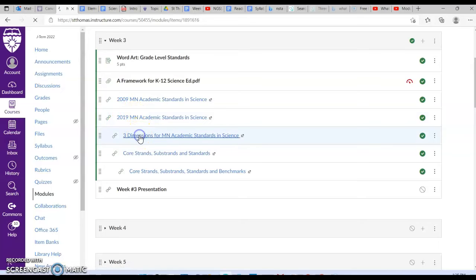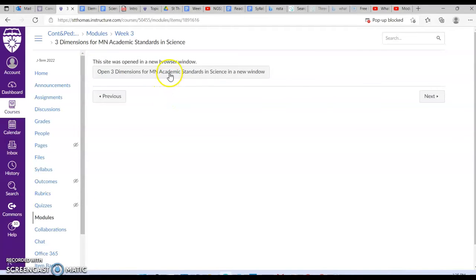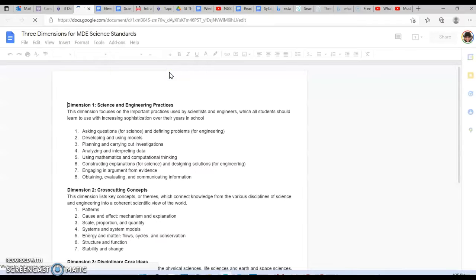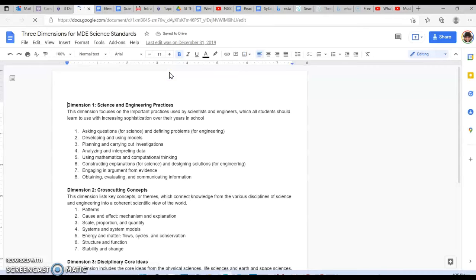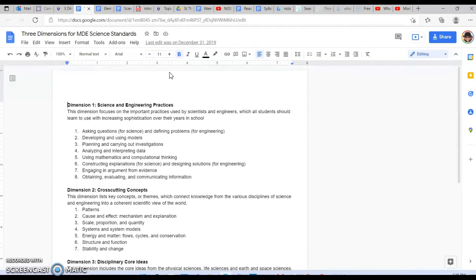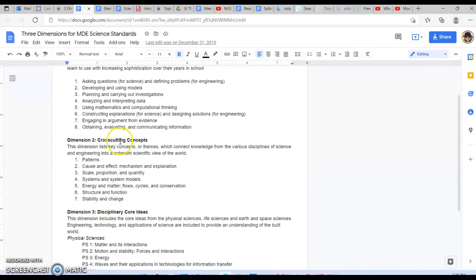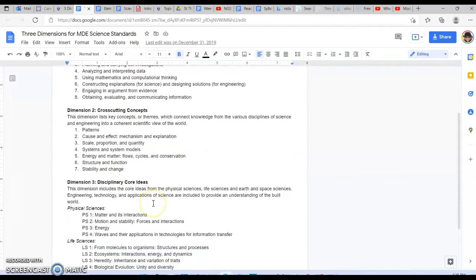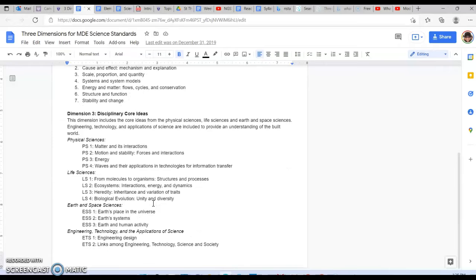This document that I haven't addressed yet is looking at and understanding the 3 different dimensions. And so these are the key codes. This is your secret decoder ring. Maybe you have this open when you're looking at the standards so that you can remember that process here is 1 through 8. CC is cross-cutting concepts, and CI are the core ideas.